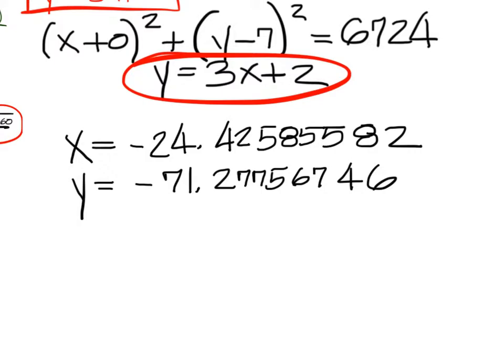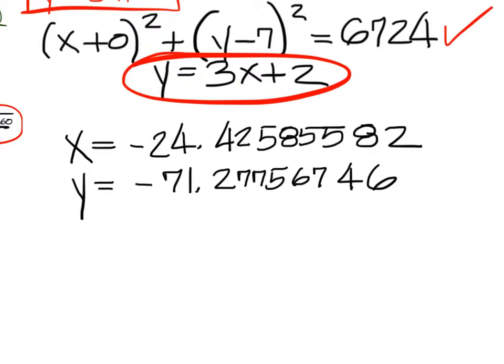Let's go to this equation up here at the top. Left-hand parenthesis, x in this case is what letter? Not D as in dog, but B as in boy. B as in boy, plus 0, right-hand parenthesis, x squared button, plus left-hand parenthesis. The y is what letter?